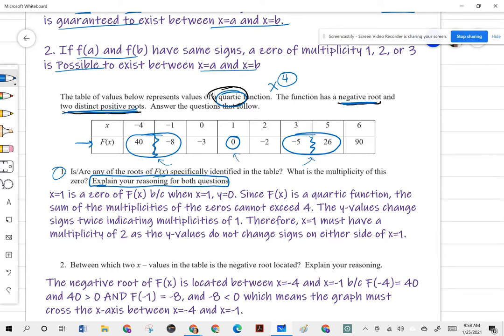Here's a third 0, but we need 4. All right. Therefore, x equals 1 must have a multiplicity of 2. Here's why. The y values do not change signs on either side of x equals 1. Notice how they're negative here and they're negative here. So that's going to infer that that's a multiplicity of 2.